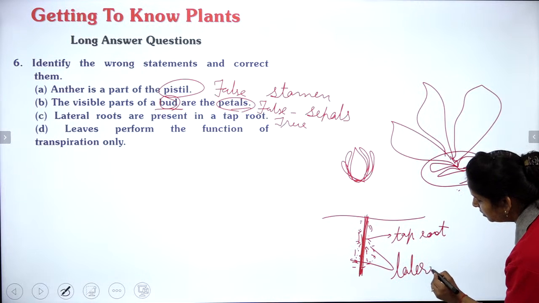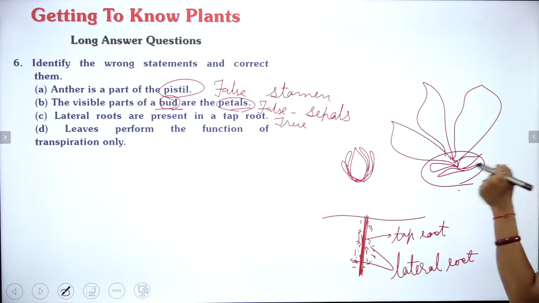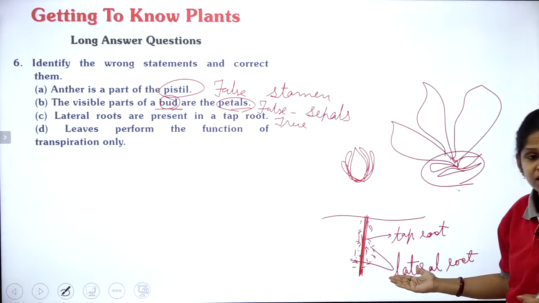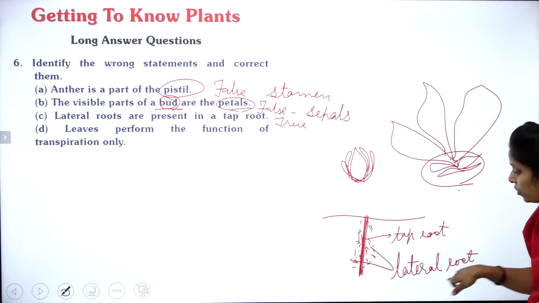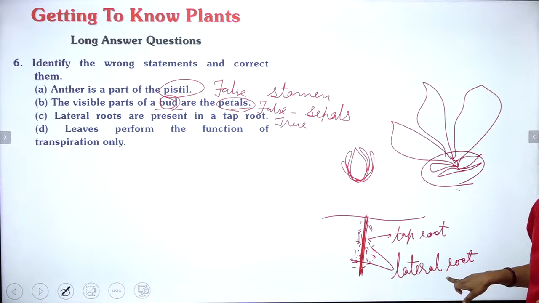So what is it saying? Lateral roots are present in the taproot. We can see here, yes, and these are called secondary roots also. It is called the primary root and it is called the secondary root.